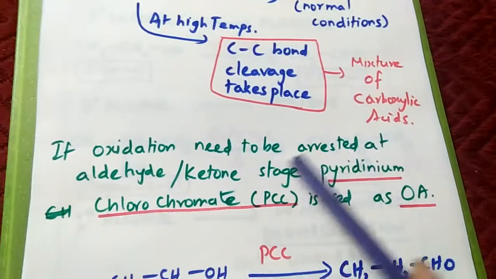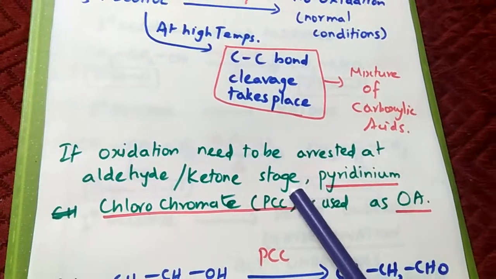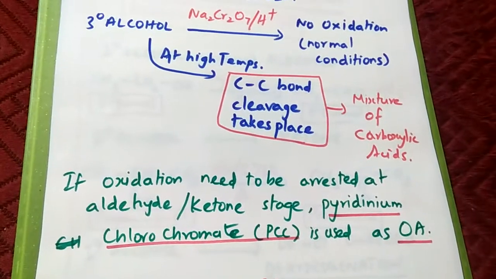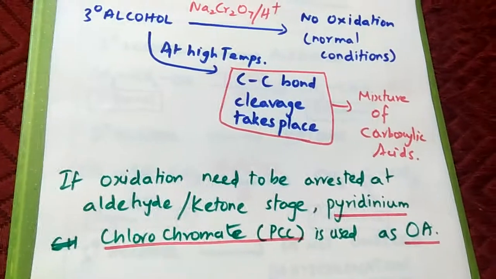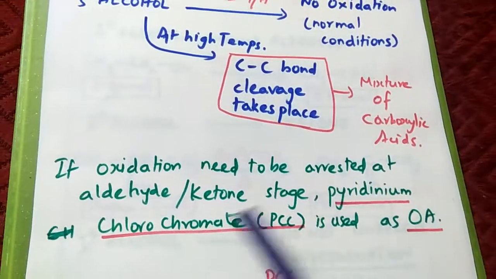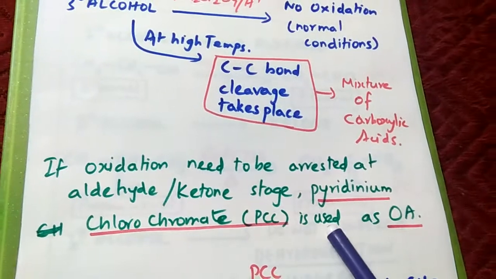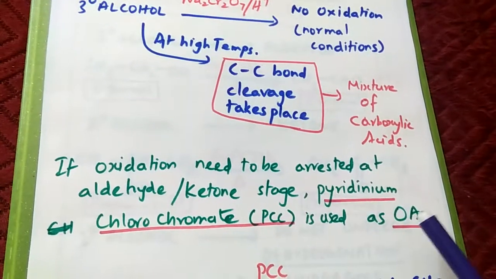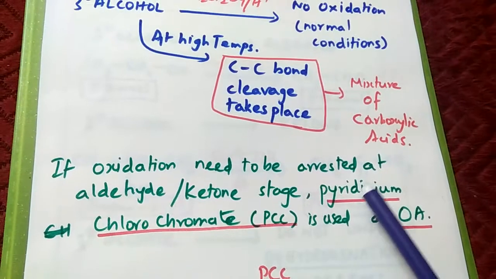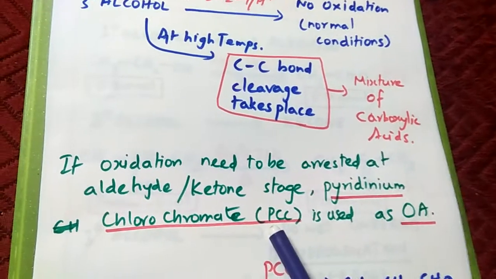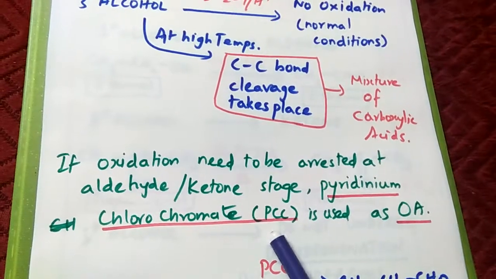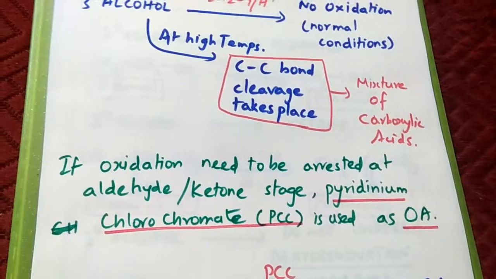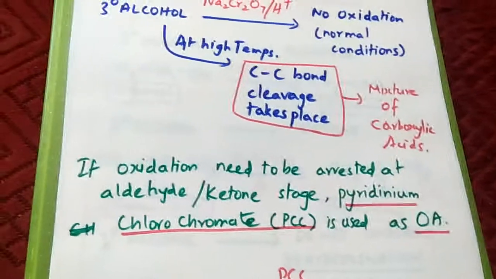If oxidation needs to be arrested at the aldehyde or ketone stage, in the case of primary and secondary alcohol, pyridinium chlorochromate, PCC, is used as the oxidizing agent. So instead of acidified potassium dichromate, if you use pyridinium chlorochromate, which is a mild oxidizing agent, the oxidation is stopped at the aldehyde and ketone stage.